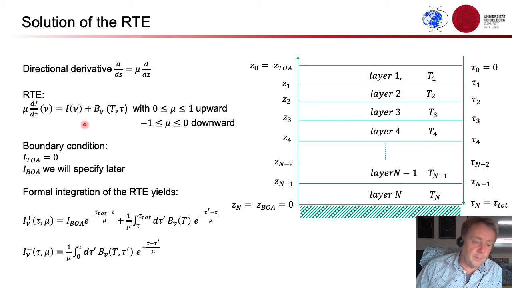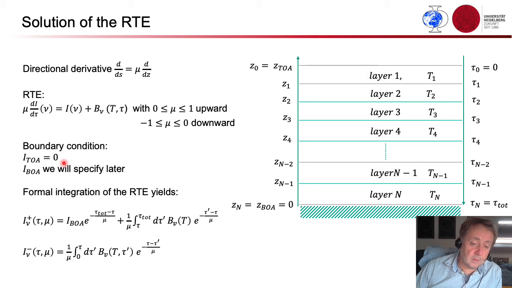And when we want to solve it, we want to integrate that, and then we have to assume certain boundary conditions. And the first thing that we can do is we say the height of our model atmosphere is at such a high altitude that we can assume there's no thermal radiation coming from space. So we say that at the top of the atmosphere, for a downward direction, the radiance is 0.